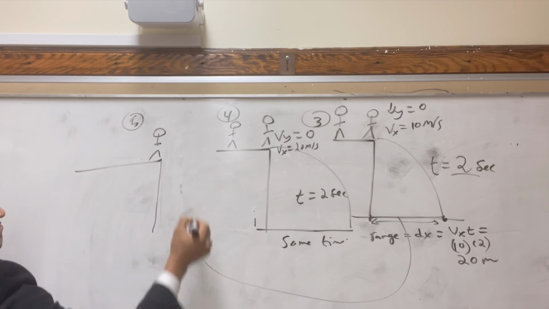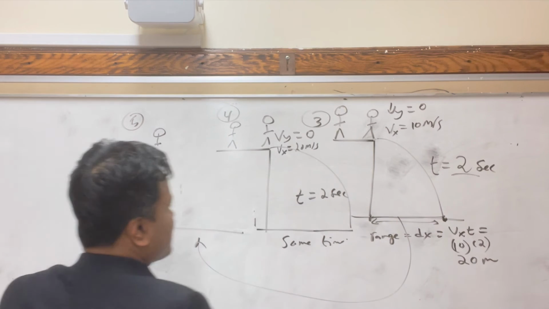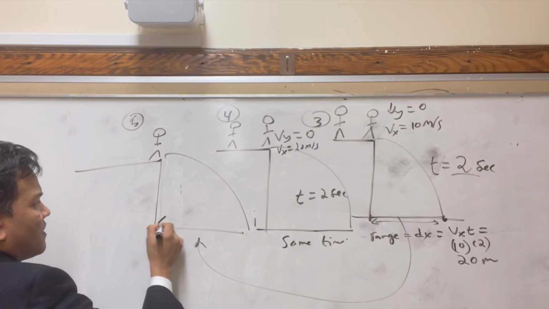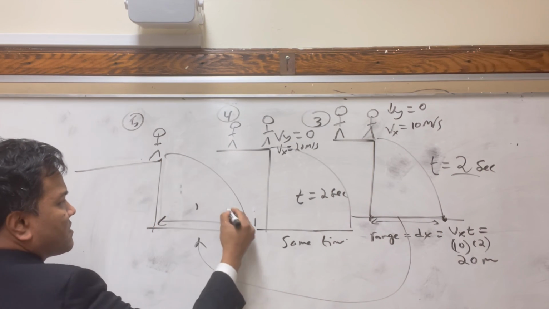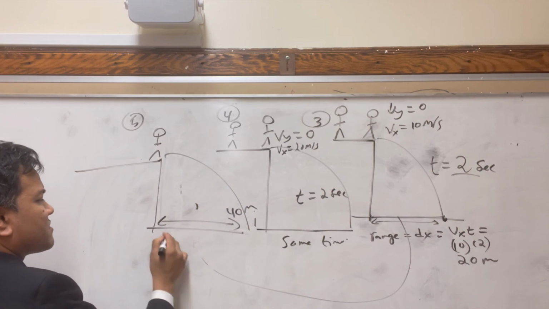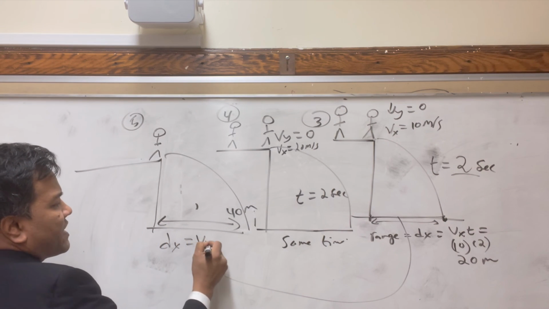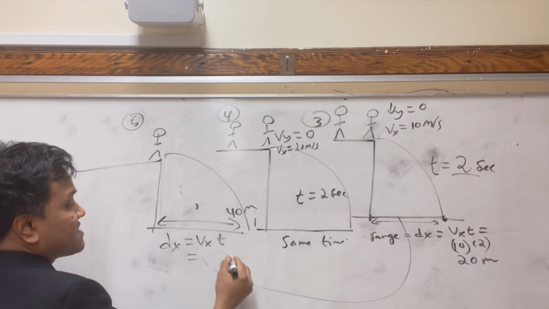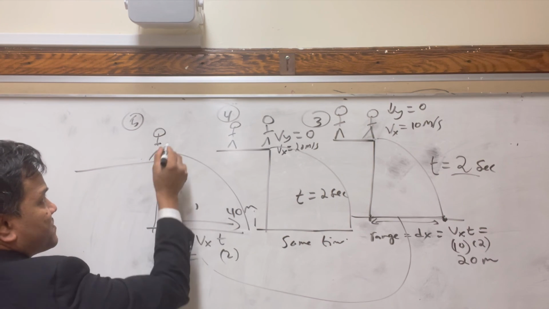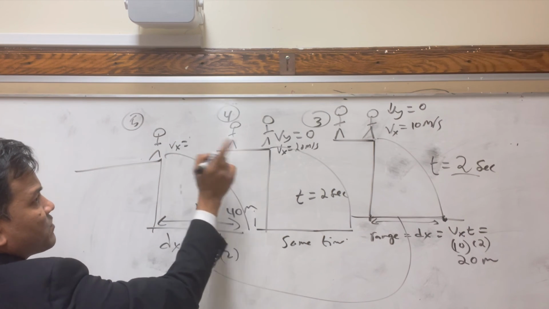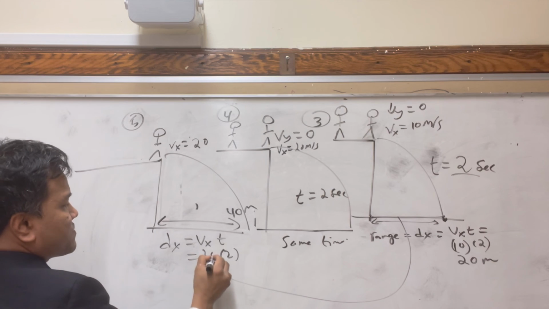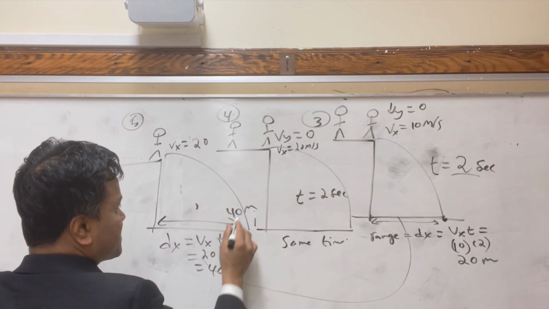If this range is 20 meters, this range is 40 meters. Why 40 meters? Because the range is equal to Vx t. The t is the same, but Vx is doubled. That one is 10, this is 20, so this is 40 meters.